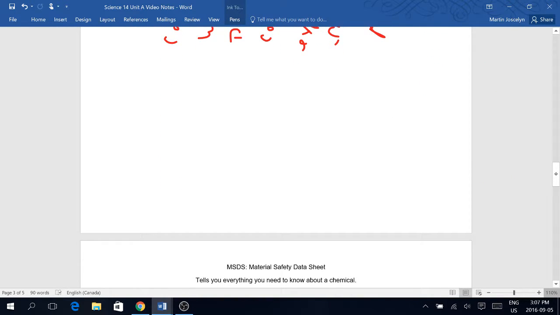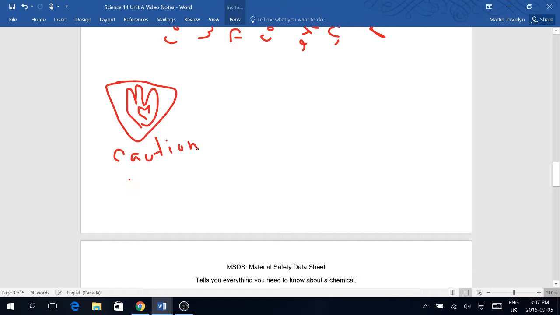So now we can mix the shapes. Let's say I have caution, upside down triangle, and then I'm going to write some flames in here, my beautiful artistic skills. So this means caution, flammable.